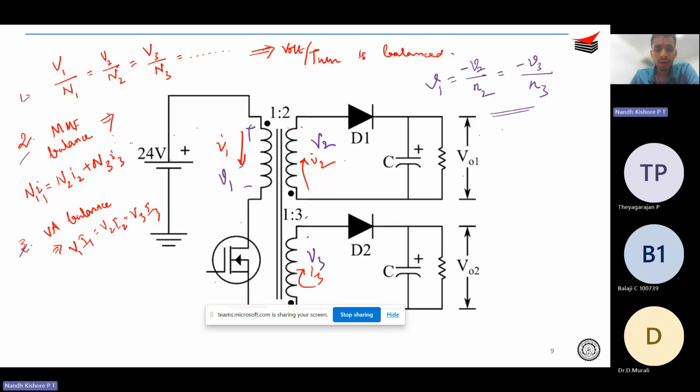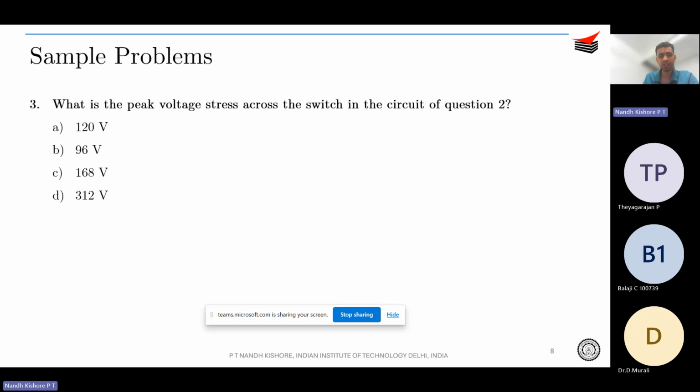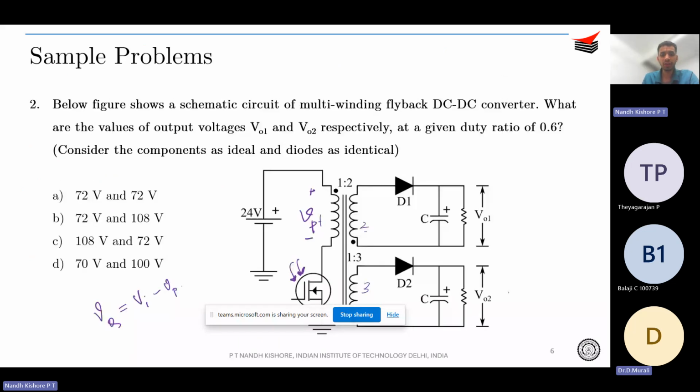Therefore, coming back to the problem, what is the voltage stress across a switch in the circuit of question 2? You will know that Vp over here can be given by minus VO1 over 2 or minus VO2 over 3, right? The 2 is the turns number, 3 is the turns number here. So from this, you can find out what is Vp.